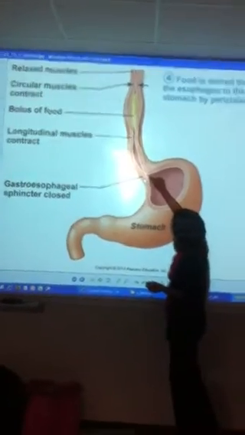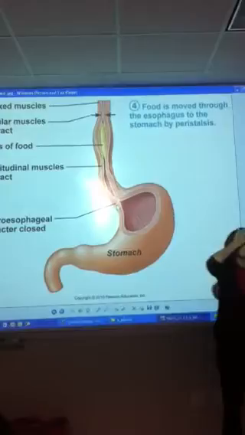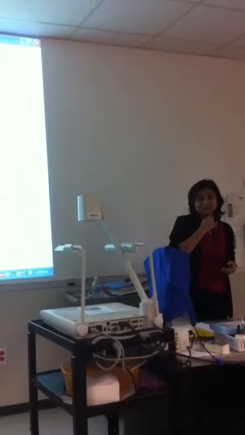Not a whole lot, you just need a small amount of acid to go there to create that severe burning sensation. When we have that, it tells us how potent the contents of the stomach are, how acidic it is. You can really feel the burning sensation. If you have it for a couple of weeks on end, you can even feel the burning sensation in the pharyngeal region, right?